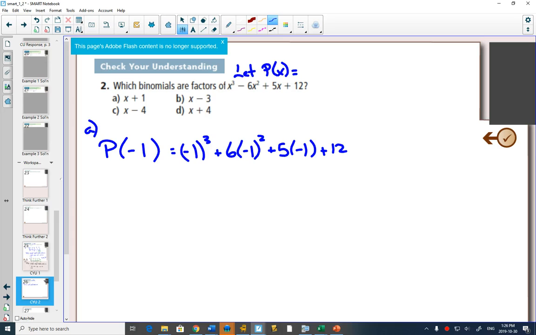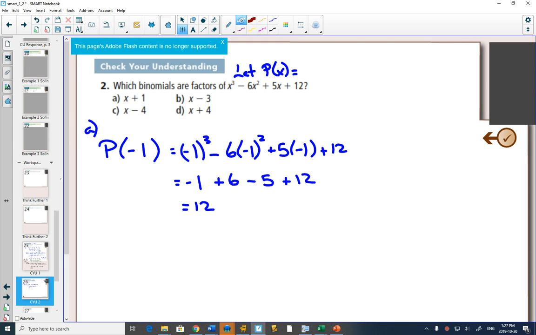Negative 1 plus 6 minus 5 equals 12. And since it equals 12, oh, I made another typo. Man, I'm on fire today. This is a minus sign, right?